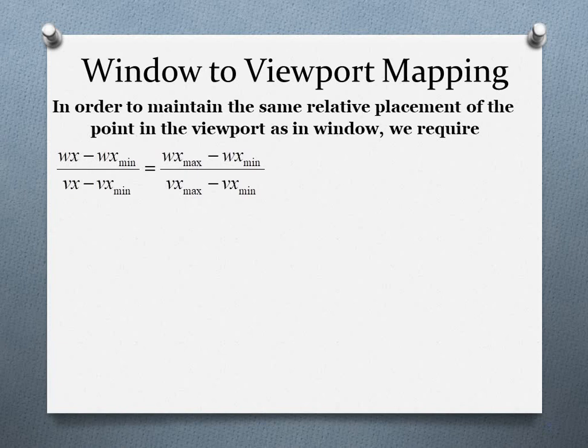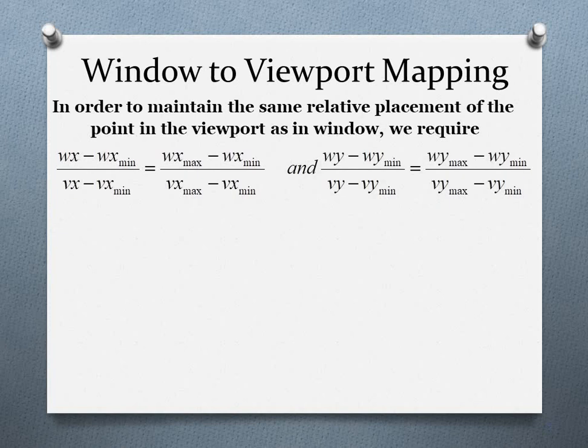Then only we can preserve the relative placement of a point. And also in terms of y, Wy minus Wy minimum upon Vy minus Vy minimum should be equal to Wy max minus Wy minimum upon Vy max minus Vy minimum. In this way we can preserve the relative placement in the vertical direction.